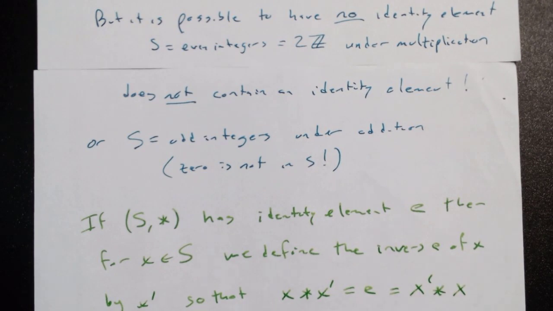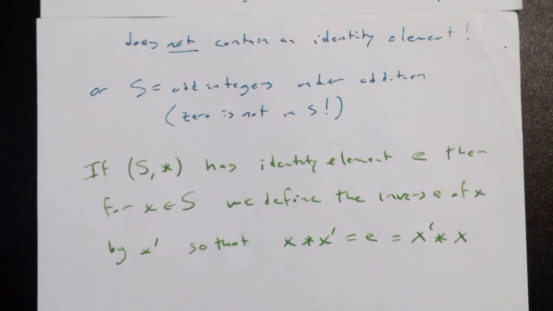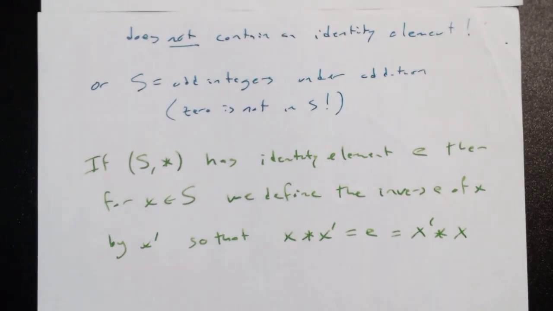And it doesn't matter whether I do the X prime on the left or the X prime on the right. I want it to work the same on both of them. Again, even if I do have an identity, it might be that not every element has an inverse.